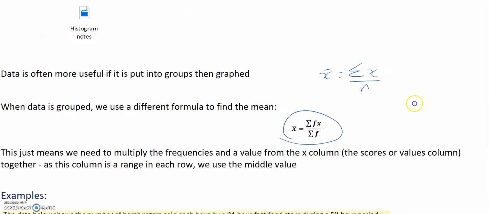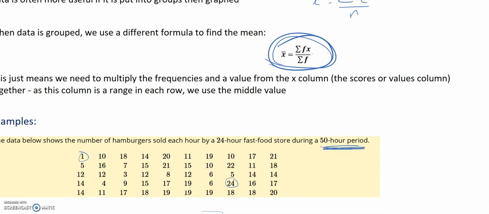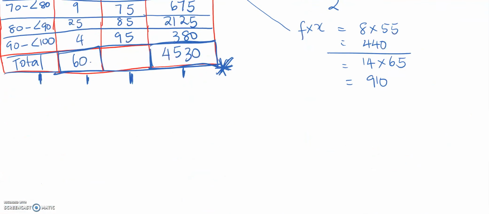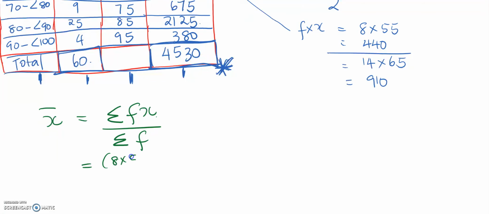Okay, so now we go. Remember how I said that I'll come back to this formula over here? That is the formula we use to find the mean. So we're trying to find the mean mark for these year 9 students. The formula was mean is equal to the sum of fx divided by the sum of the frequency, which means you get all of this, 440, 910, 675, 2125, and so forth. The way we got that was 8 times 55 plus 14 times 65 plus.